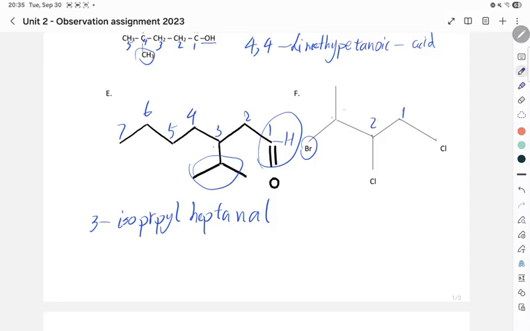Sorry, 1, 2, 3, 4. Which means the bromine is on the third carbon, and the two chlorines are on the first and the third carbon. 3-bromo, with a dash between letter and number, 1,2-dichloro, butane.